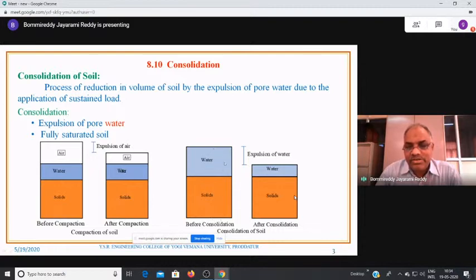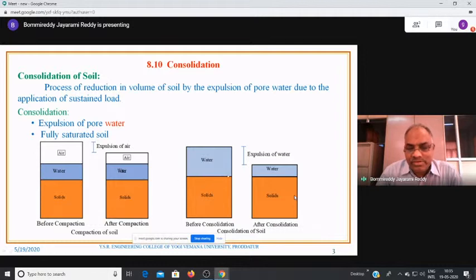After consolidation, some amount of water is expelled from the soil and the volume gets reduced. In these two diagrams, the volume of the solids remains the same, there is no change in it, but the volume of the water reduces to a certain extent depending upon the time period and also the pressure applied on the soil. So it is expulsion of water. You can clearly understand the difference between compaction and consolidation of the soil.